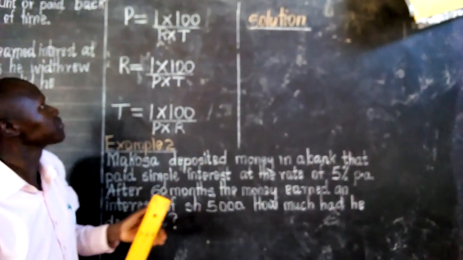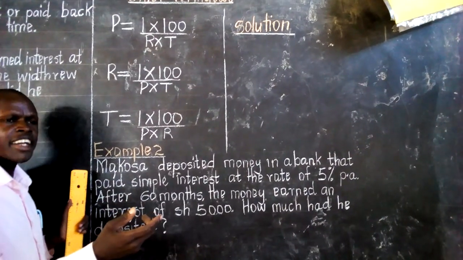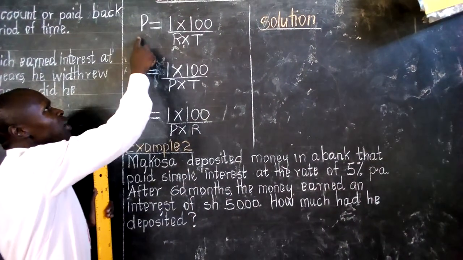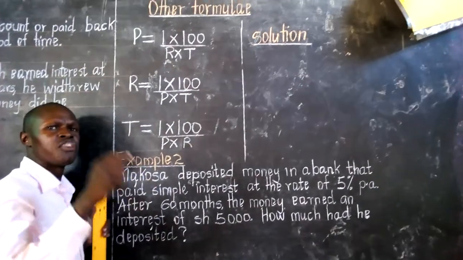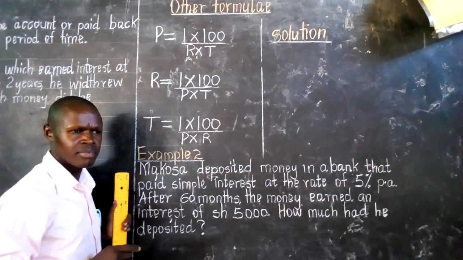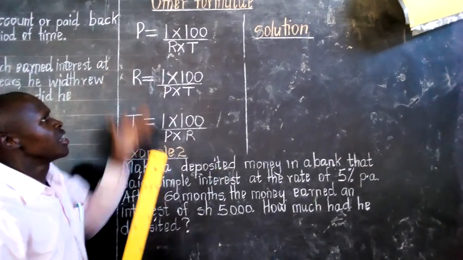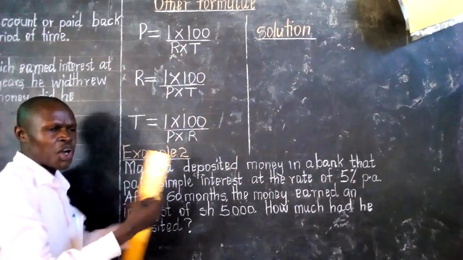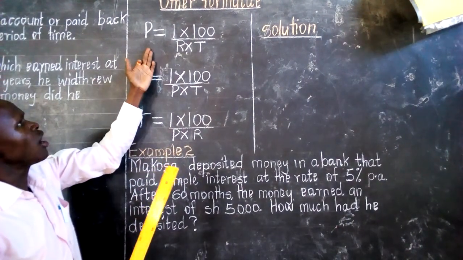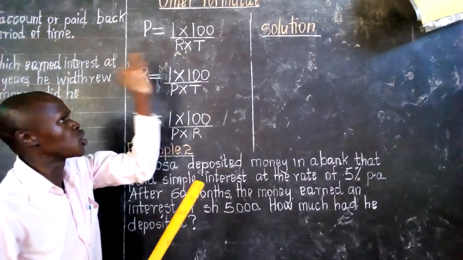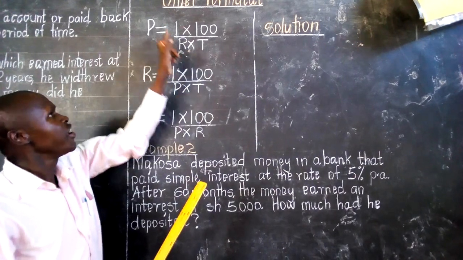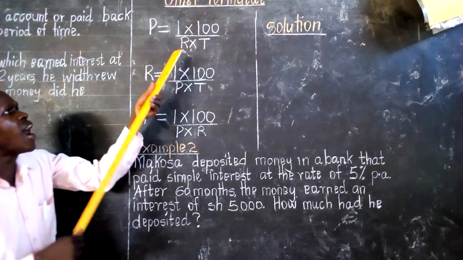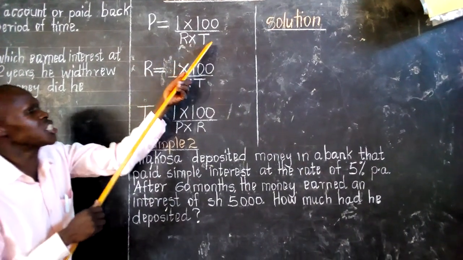Number 1, you can be asked a question, and the question requires you to work out the principal. In this case, this is the formula that you are going to apply, because principal should be worked out by using the formula interest times 100 all over rate times time.